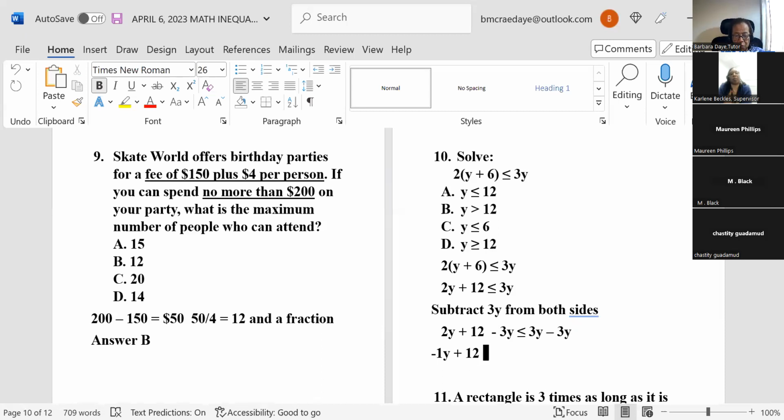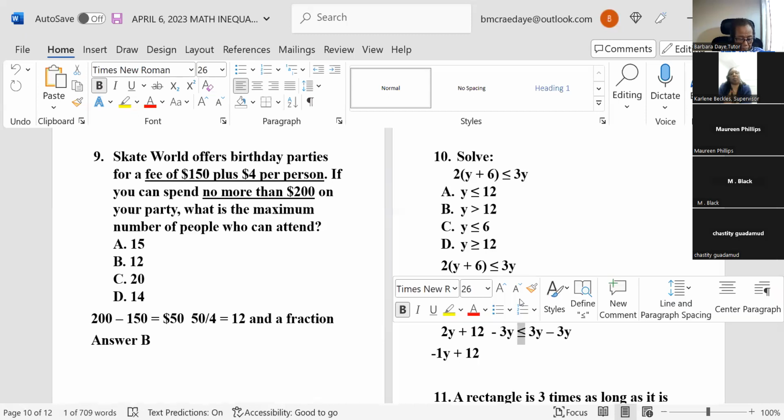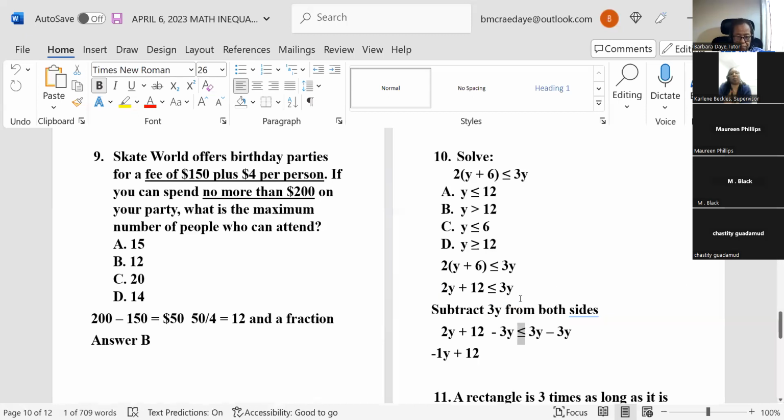And what's on the right side? What's 3y minus 3y? That's 0. Very good.